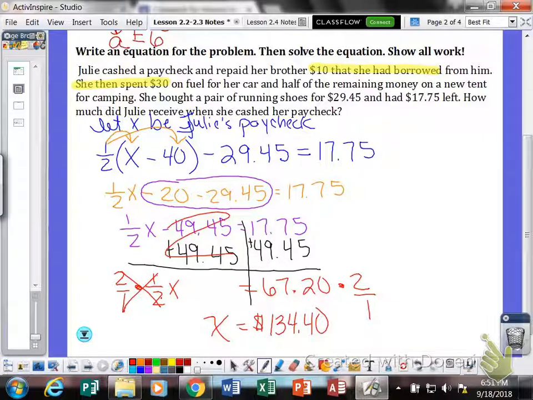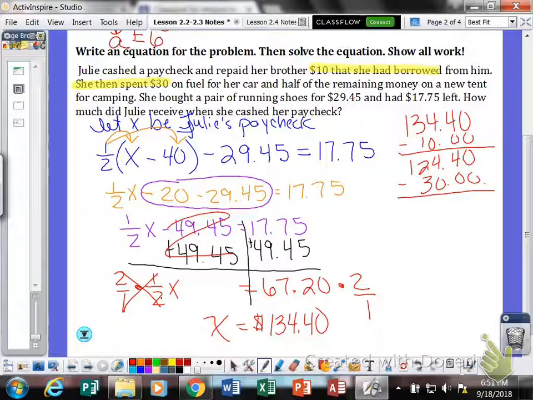If $134.40 was what Julie got paid, she gave $10 back to her brother, which is $124.40. Then she spent $30 on her running shoes, which would now be $94.40.